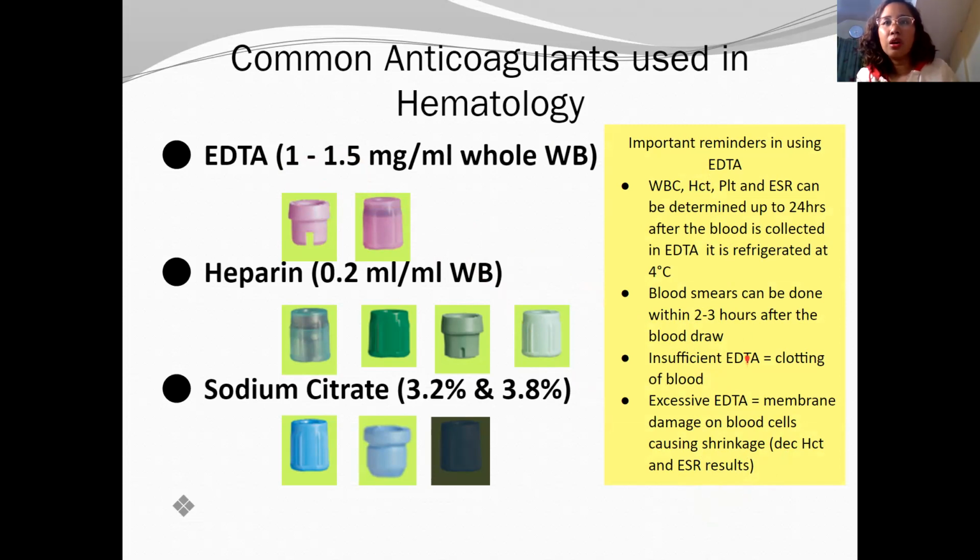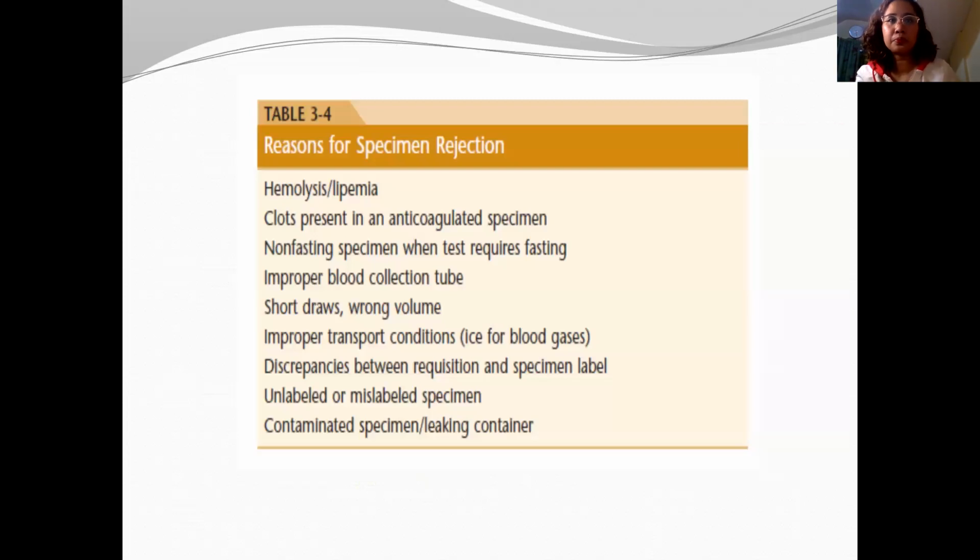You could use your EDTA for WBC count up to 24 hours if stored at refrigerator temperature; otherwise, recollect. Smears could be made from EDTA within 2 to 3 hours. More than that, recollect.